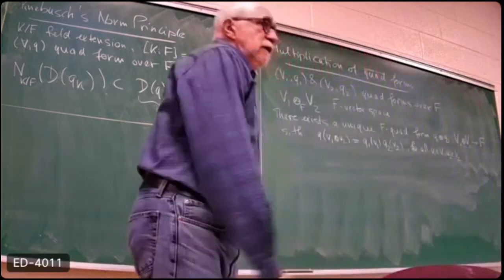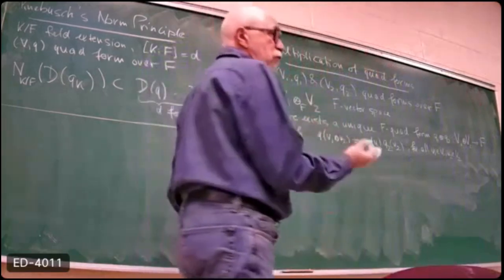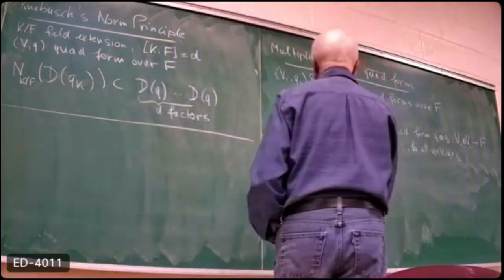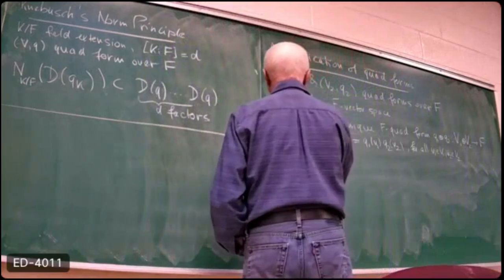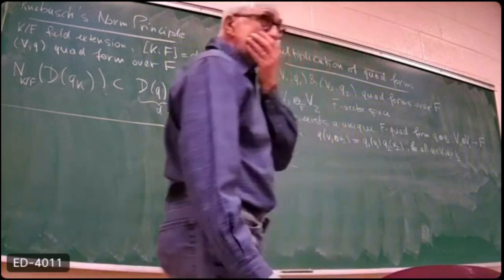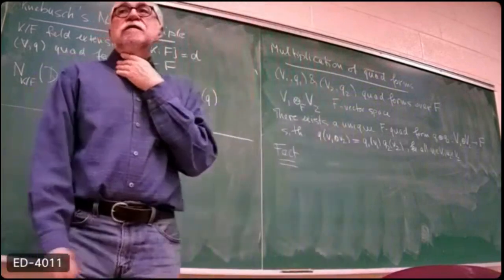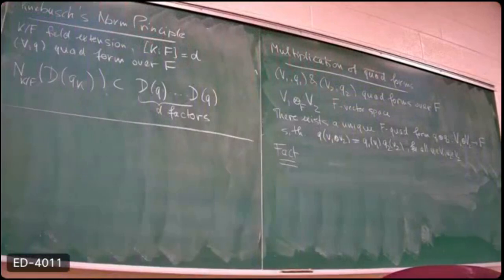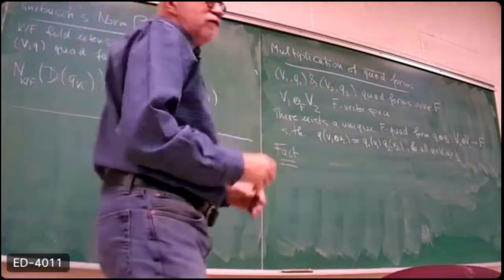Let me tell you a little bit more about what I'm doing. You see, this tensor product is some gadget which is an F vector space.